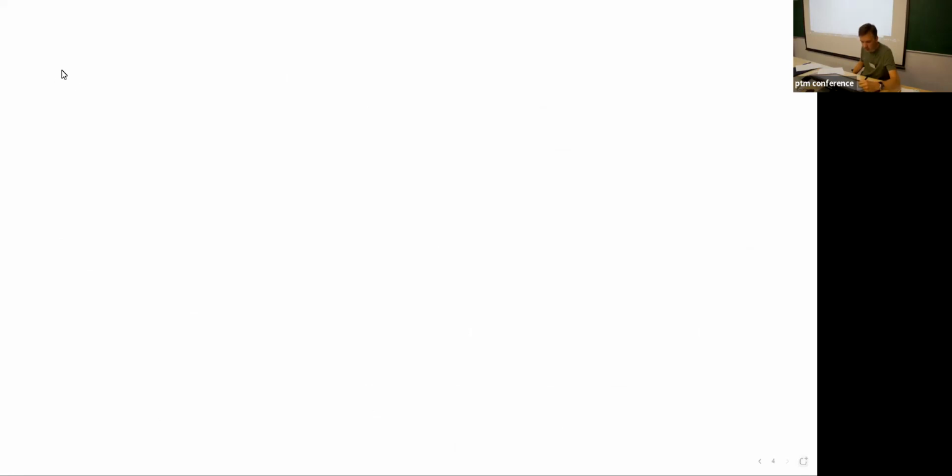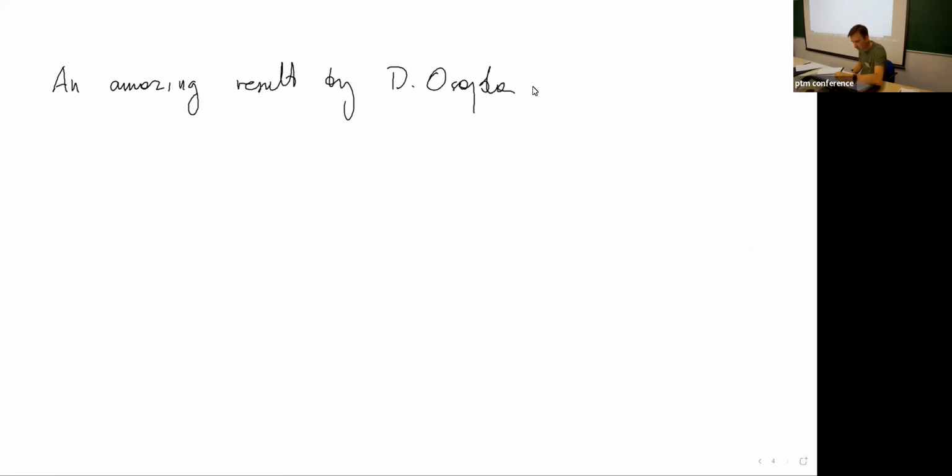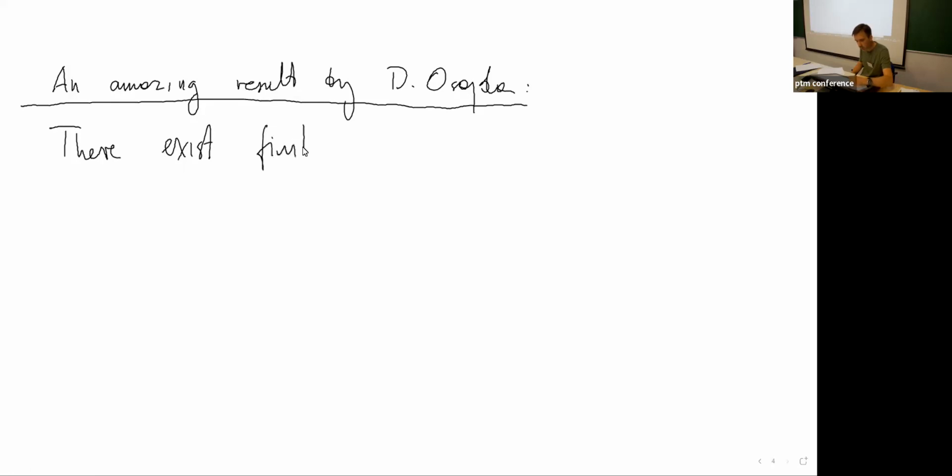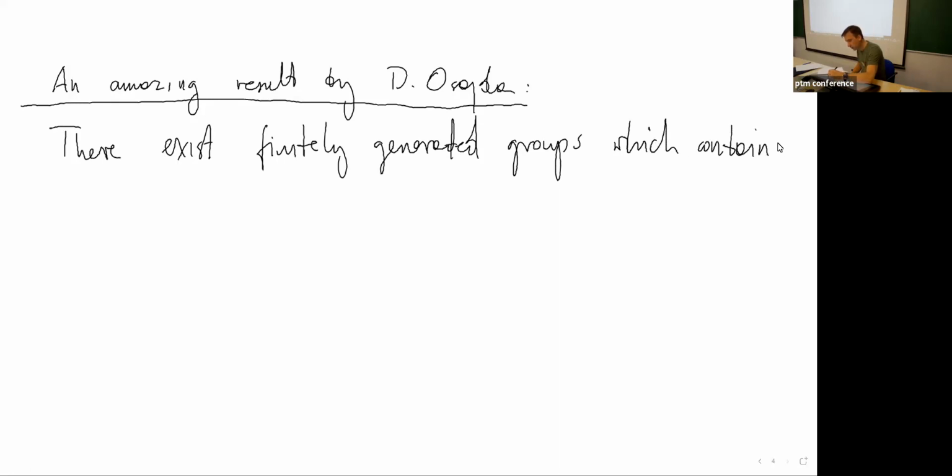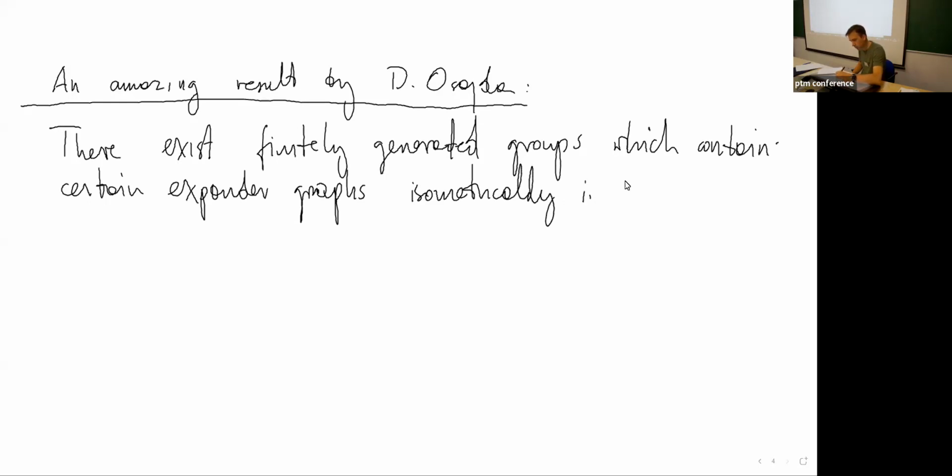Okay. There's also, I should mention, an amazing result by Damian Osajda, for which he got the Banach Prize I think last year, that there exist finitely generated groups which contain certain expander graphs isometrically in the Cayley graphs.